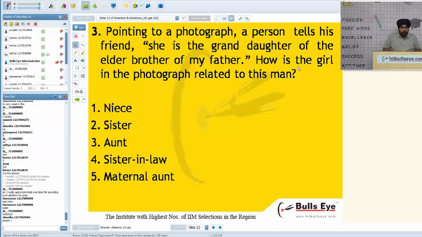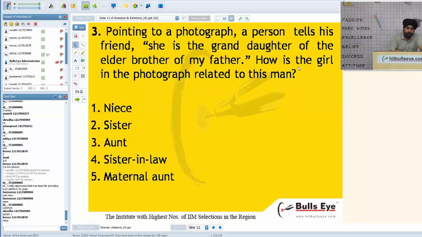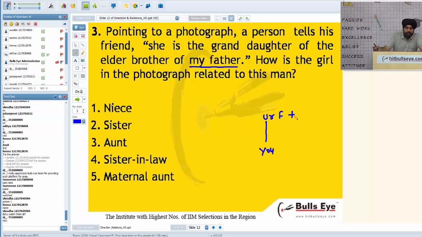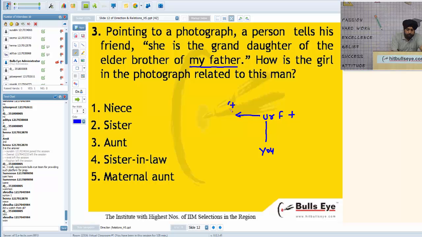That's great, DJ. So students, in this question, a person tells his friend, she is the granddaughter of the elder brother of my father. If this is you, here comes your father. Now she is the granddaughter of the elder brother. Who is the elder brother of your father? It is your uncle, your Tayaji, and she is the granddaughter.